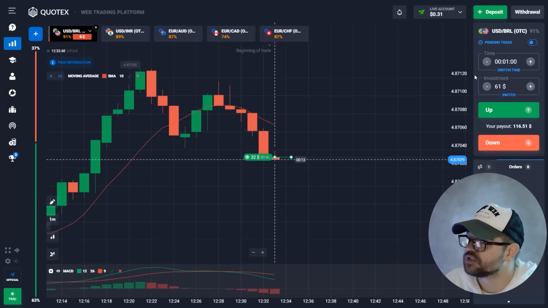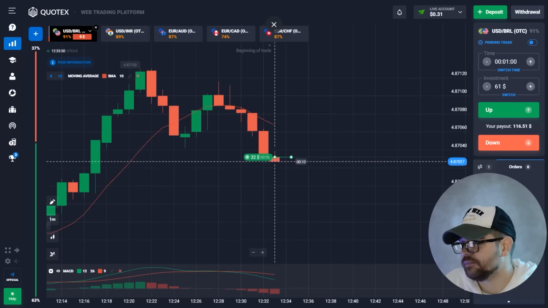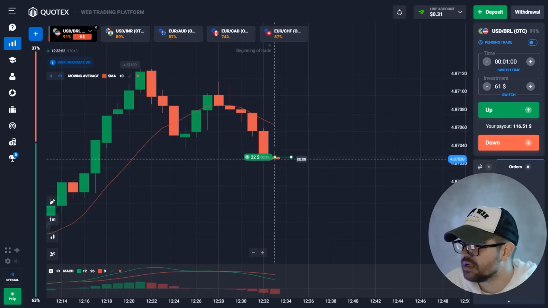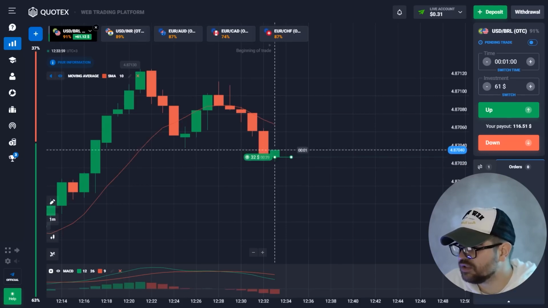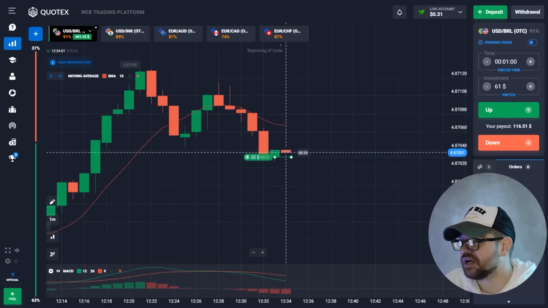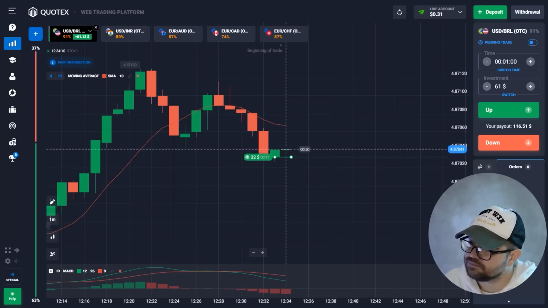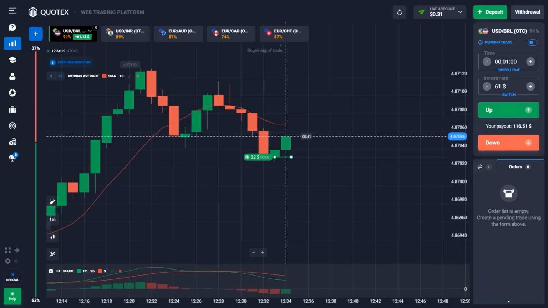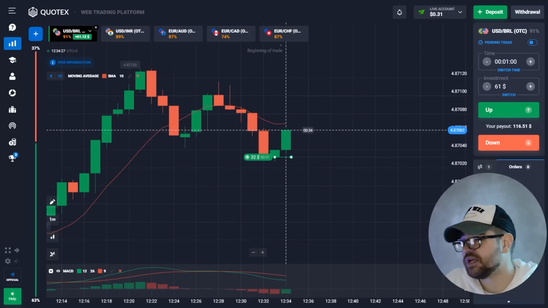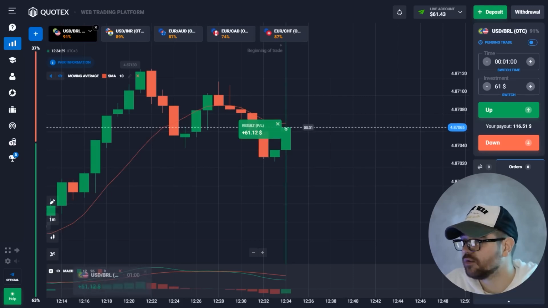Although there's also a resistance level in form of the moving average at the top. So this could well enter into kind of a flat or maybe some sort of a triangle. We'll see, but at this point I think we made the right choice, hopefully.